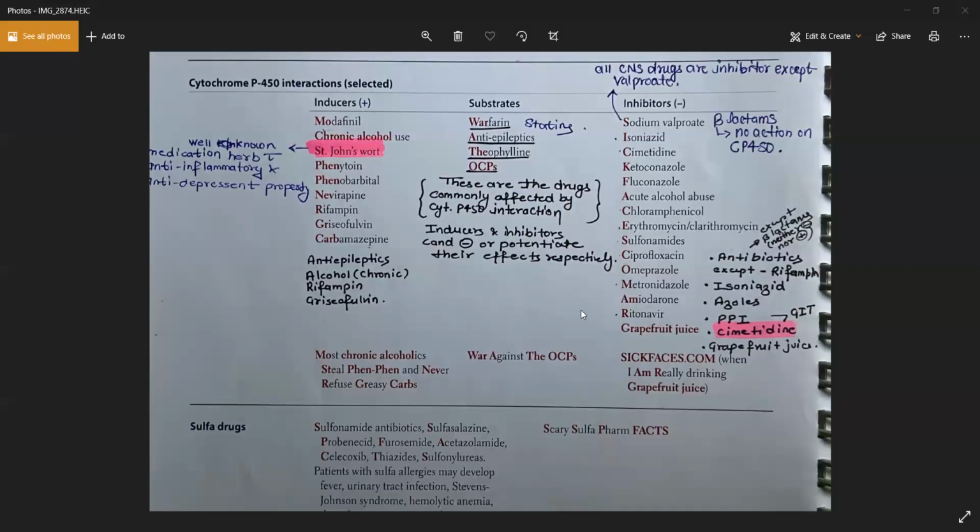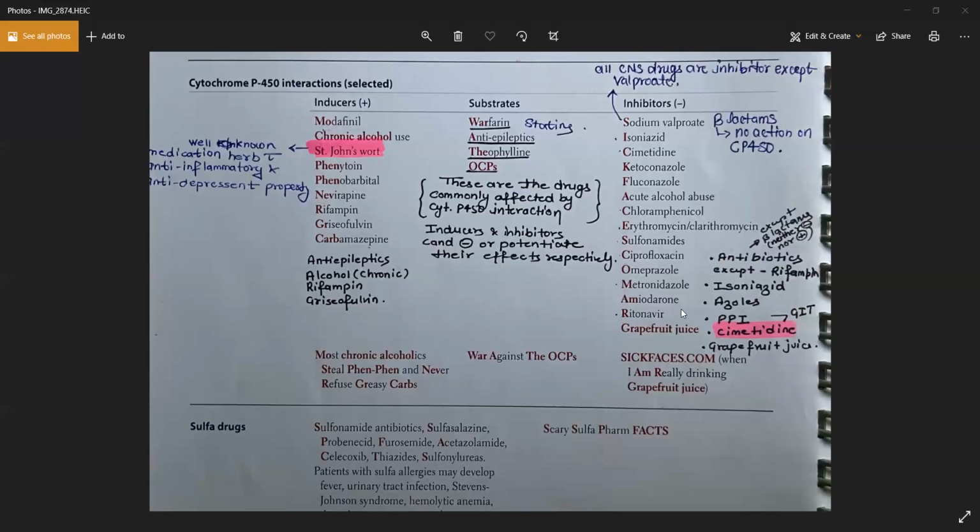Amiodarone is also, it has two functions. I think amiodarone is also an antiviral drug, right? No, it's antiarrhythmic, class 3.